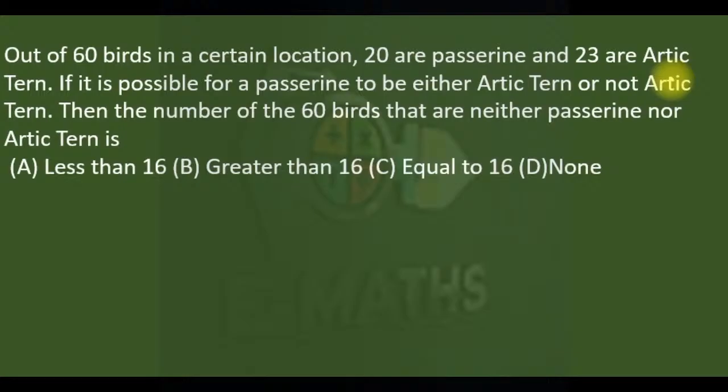If it is possible for a passerine to be either Arctic tern or not Arctic tern, then the number of birds that are neither passerine nor Arctic tern is dash. So this is the equation on Venn diagram, but this is now 2 subsets. So the first thing we have to do is to draw our Venn diagram.